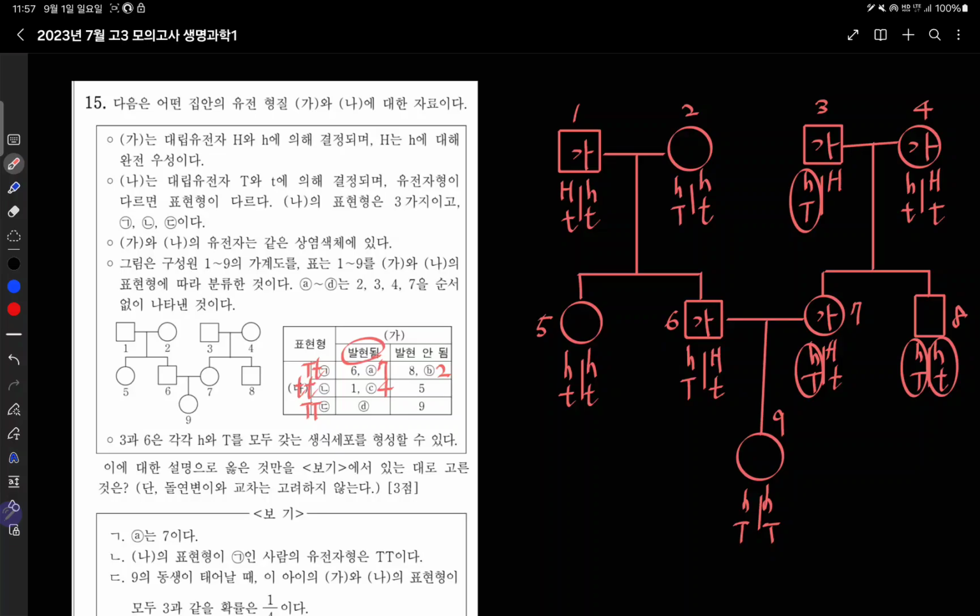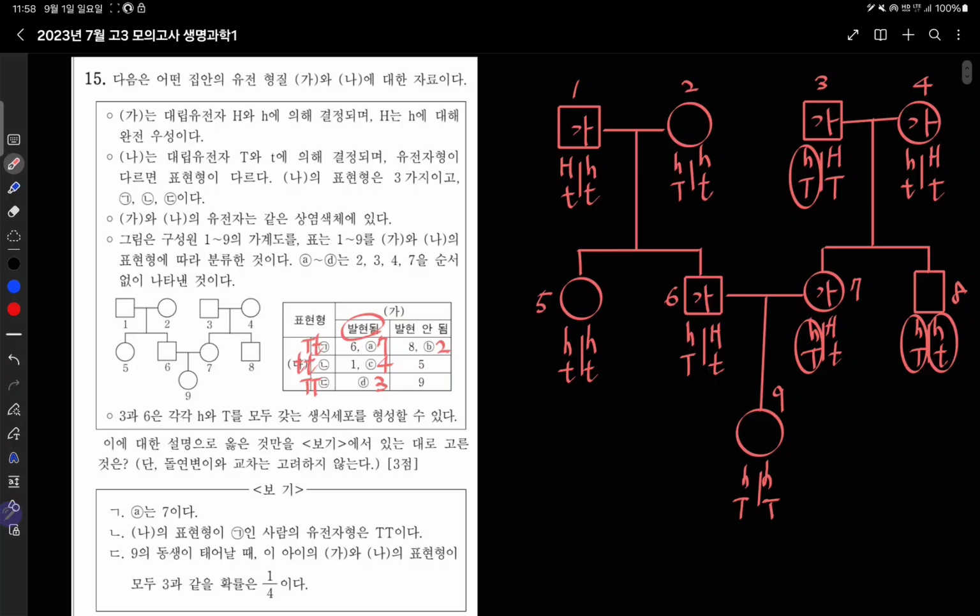So individual number 3 is homozygous for capital T allele. So D goes to number 3. So with these genotypes, the first statement is true.